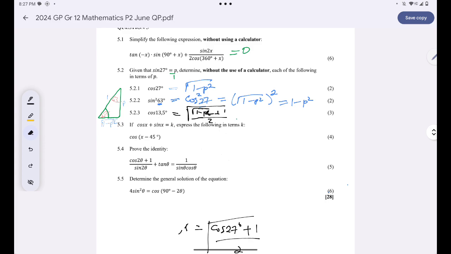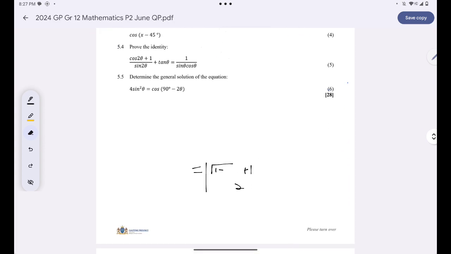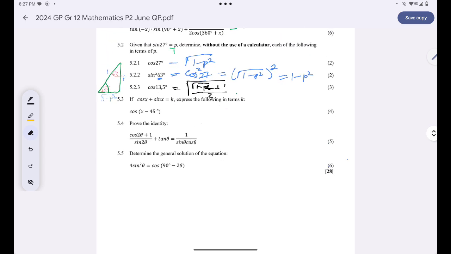Okay, and then now I'm given cos x plus sine x is equal to k. I must express the following in terms of k.